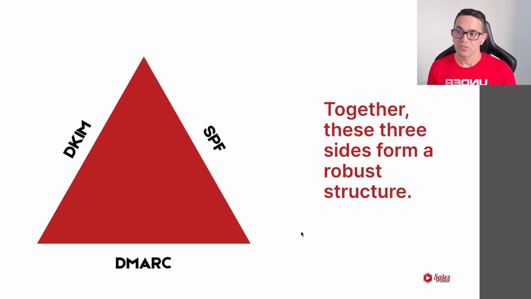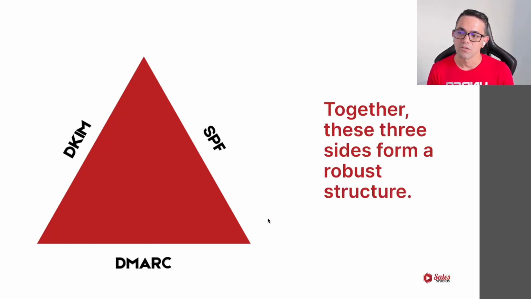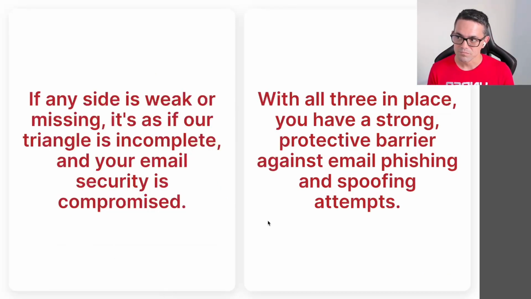The good news is if you have DKIM, SPF, and DMARC in place, this will never happen to you because no one other than you will be able to send emails on your behalf. That's another reason why you need to implement DKIM, DMARC, and SPF.